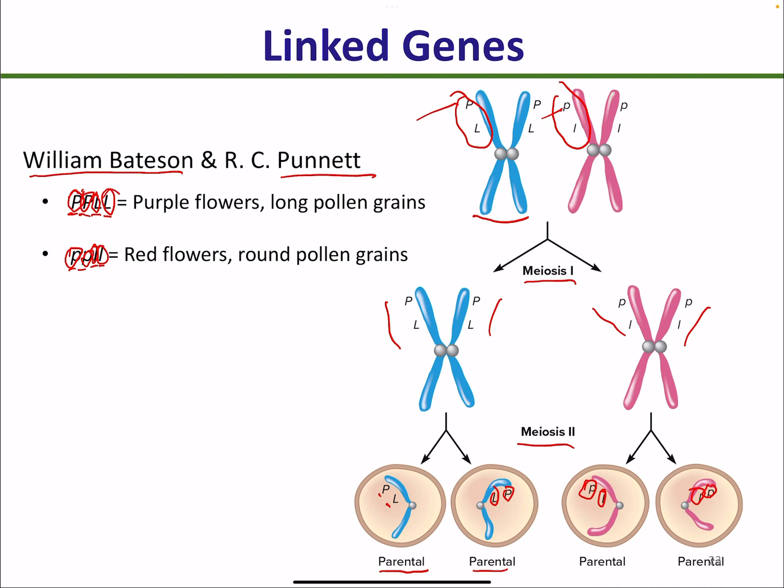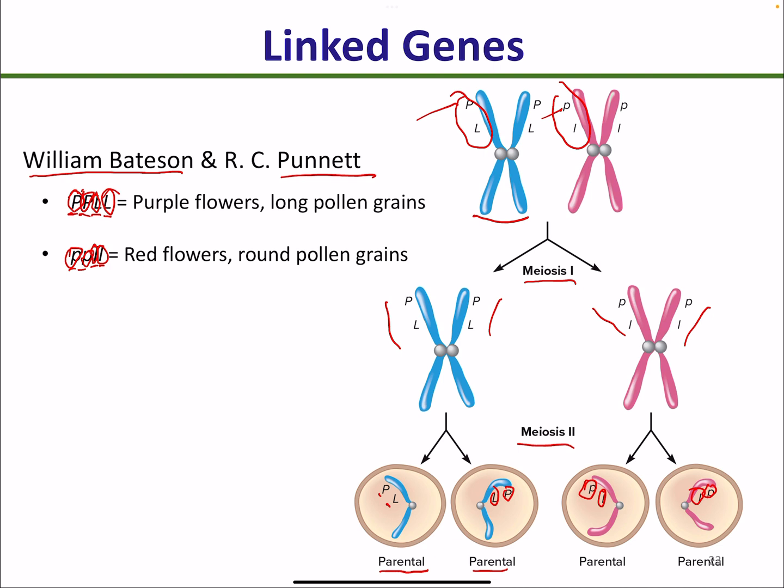But we know that during meiosis, things are not that simple, because specifically during prophase 1, there is a particular event called crossing over, where some exchange of genetic information can occur between homologous chromosomes, right?